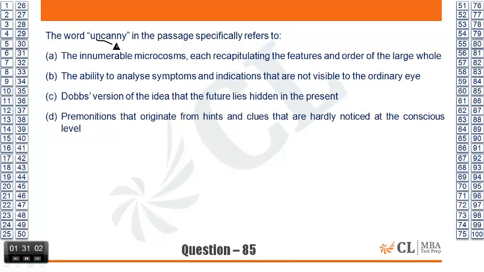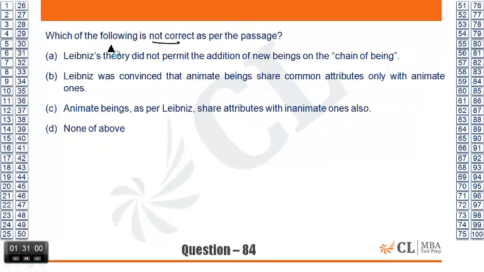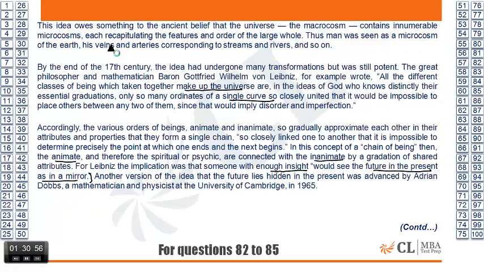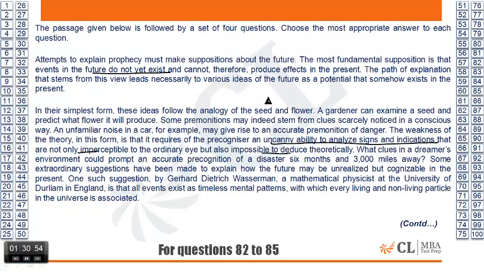Word uncanny. Where is uncanny? Three times I read uncanny. Where are you? Here, no? Okay. Uncanny. The weakness of the form theory in this form is that it requires precognition, uncanny ability to analyze signs and indications that are not only imperceptible to the ordinary eye but also impossible to deduce.